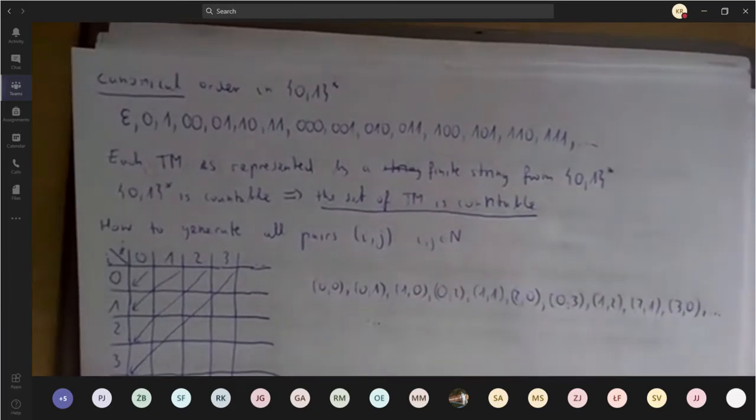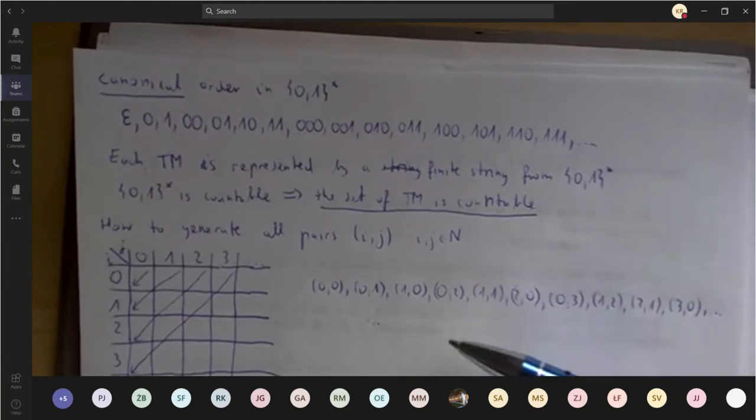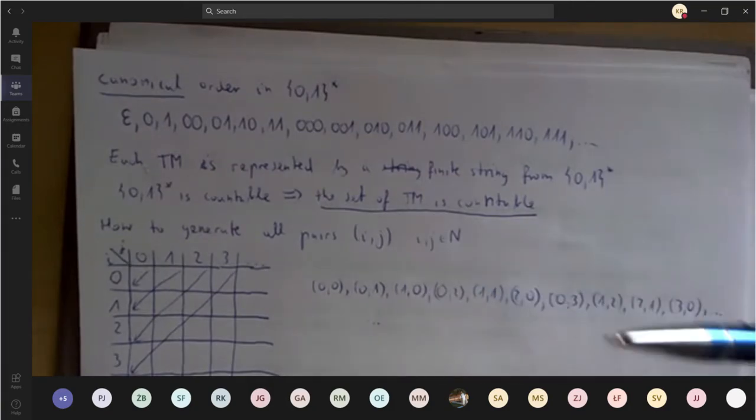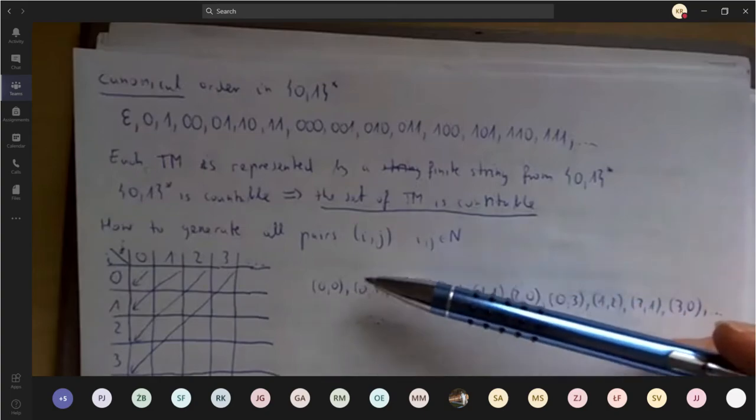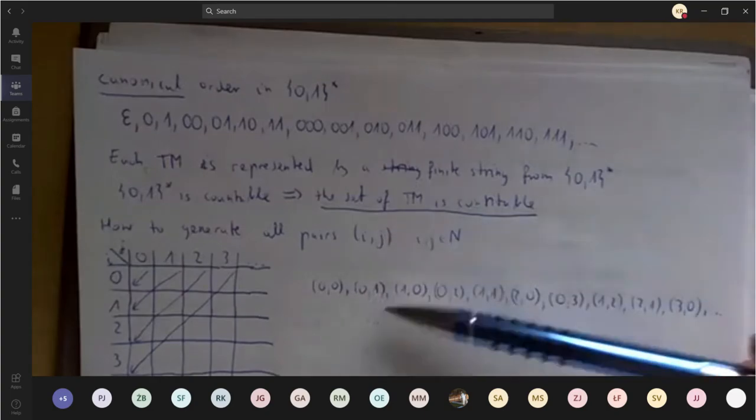Next would be 5 pairs with sum of elements 4, and so on. So in this way, we can enumerate all such pairs, and we know that every such pair is somewhere in this sequence.